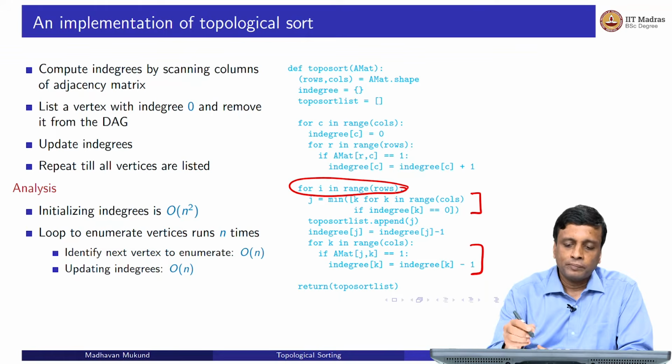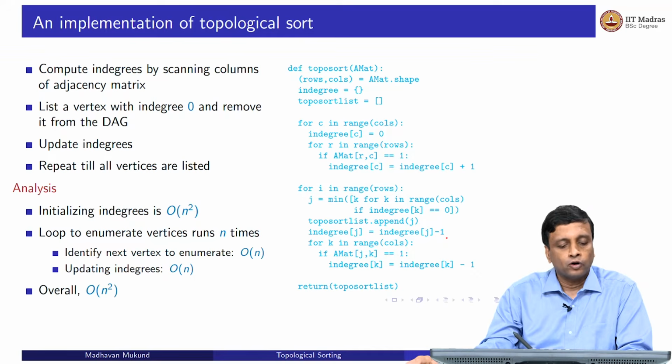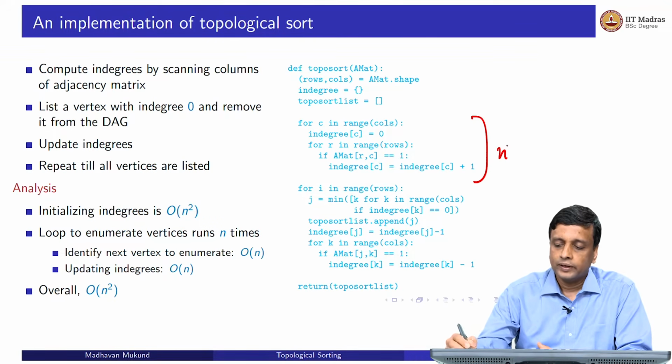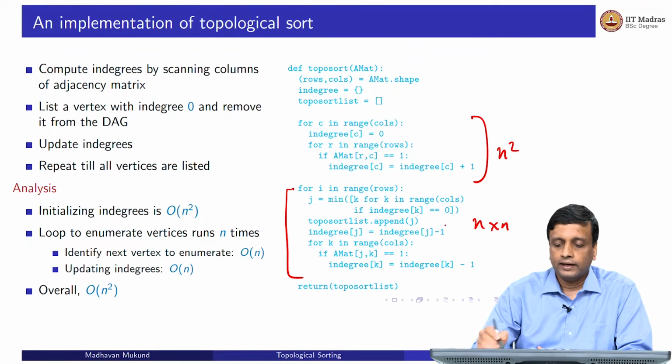So essentially what matters is that I have an order n outside loop, and inside it I am doing various order n operations. So the whole thing is going to become order n squared. Okay? So I have order n squared right up front. So this is n squared and this is n times n, right, because I have an outer loop which is n and I have these inner loops which are n.